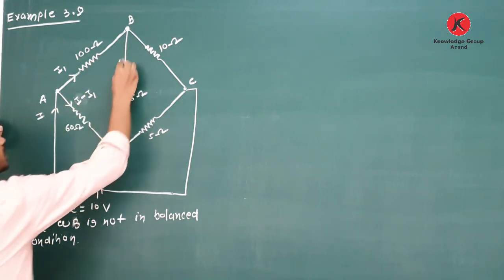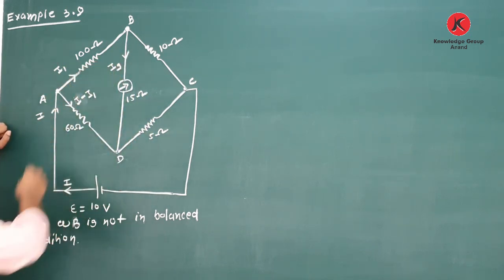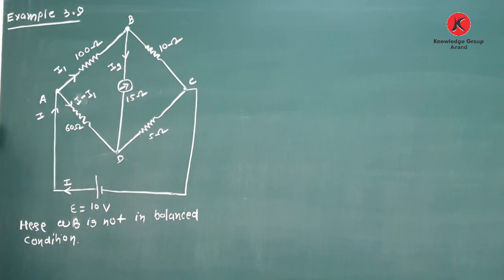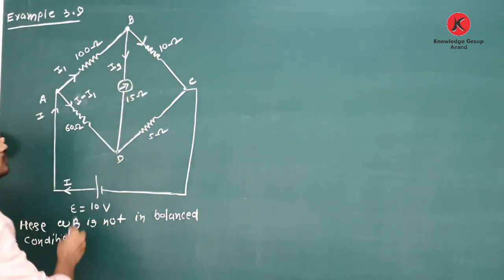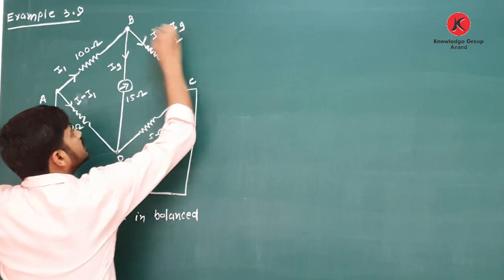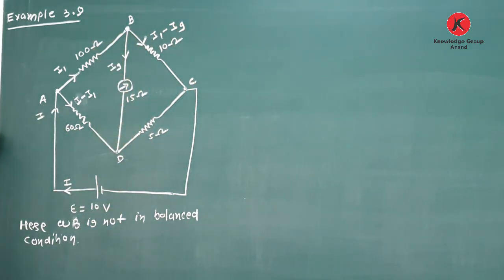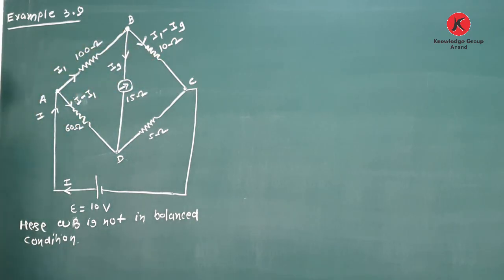I am assuming the current flowing through this galvanometer is Ig. Then what is current flowing through this branch? According to Kirchhoff's first rule, it is I1 minus Ig. So from junction B, I1 this side, and here it is I1 minus Ig.